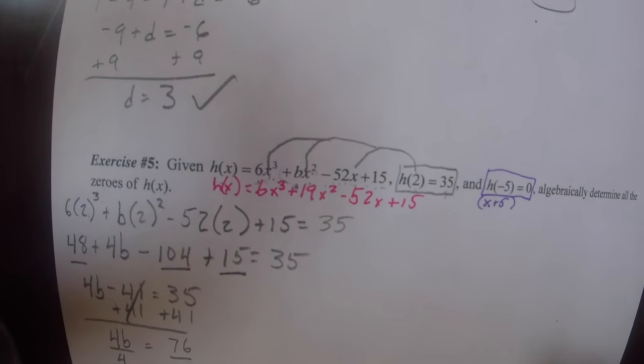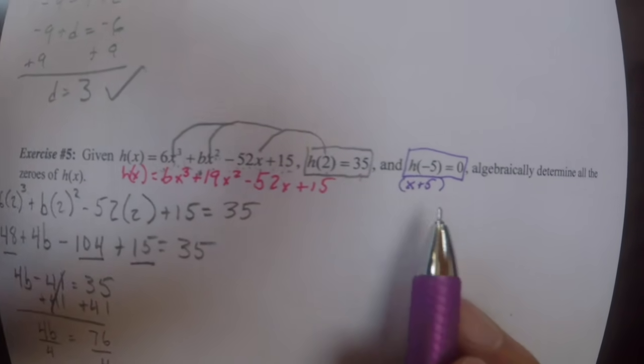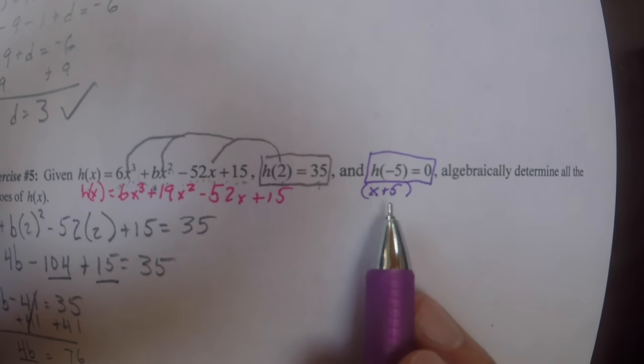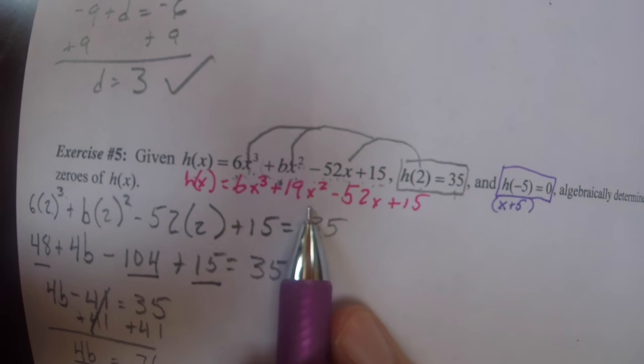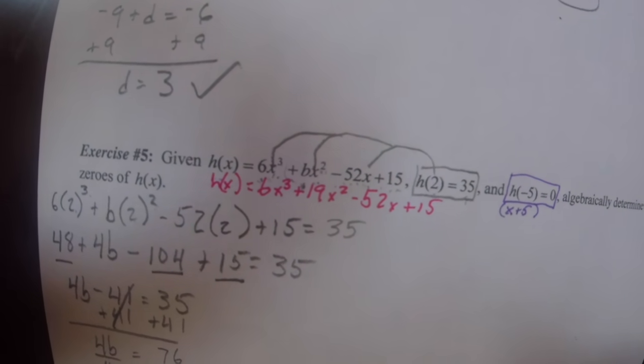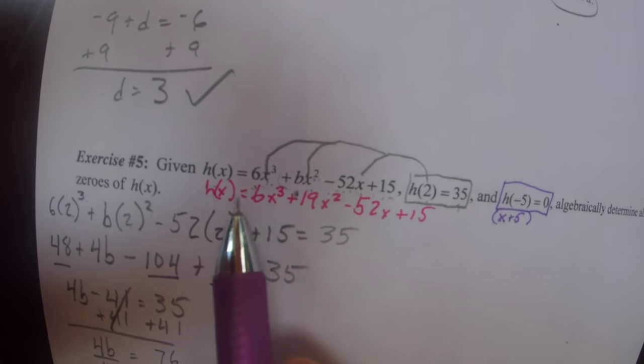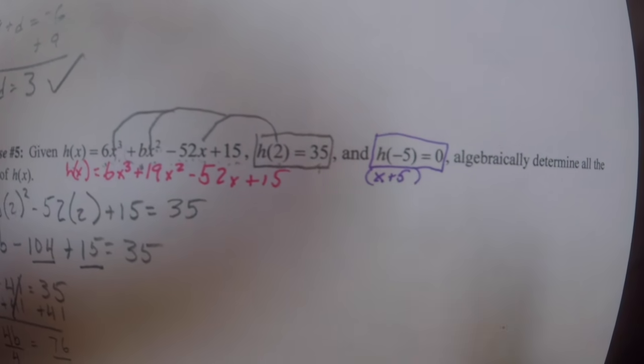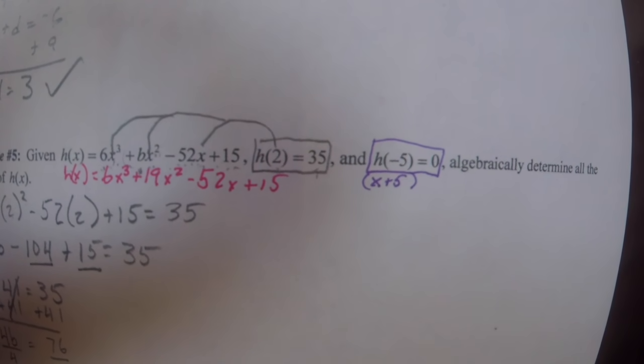What's another factor of this function? What can I multiply x plus 5 by in order to get this? Well, in order to figure that out, I have to divide h of x by the factor that I know, x plus 5.